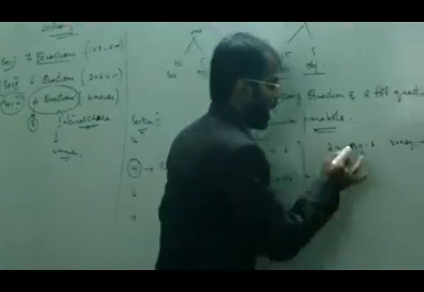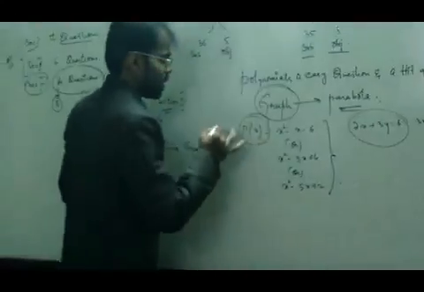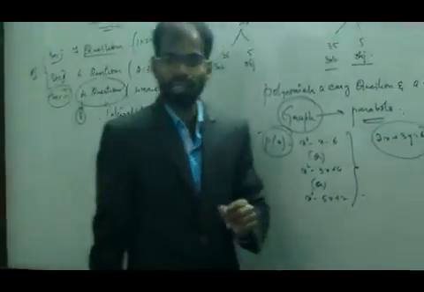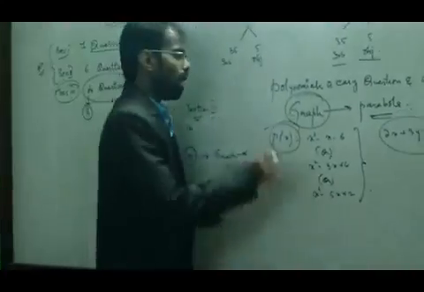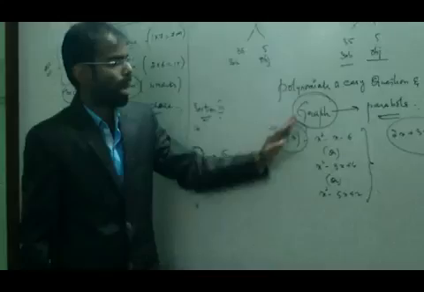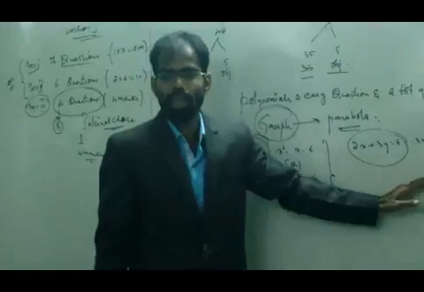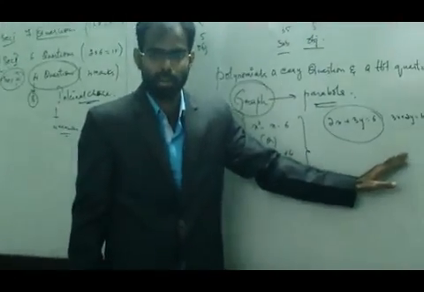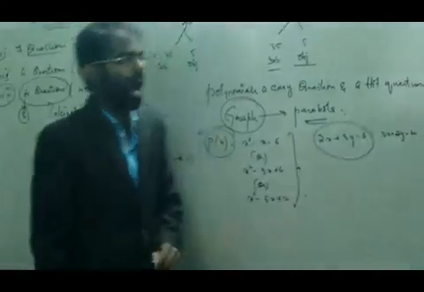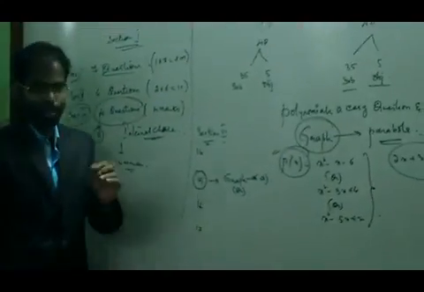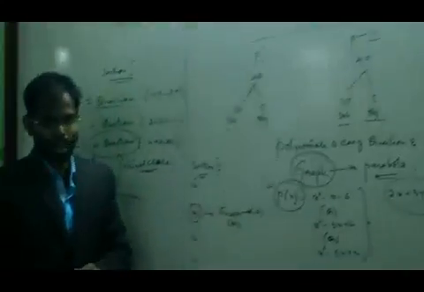So either this or this, and I suggest you students go for the parabola graph, because the parabola is much easier than pair of linear equations in two variables. Is that clear, guys?